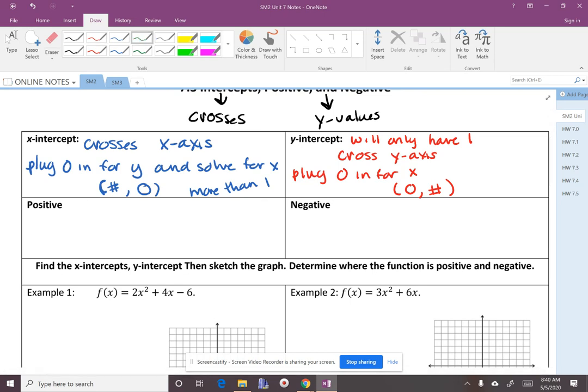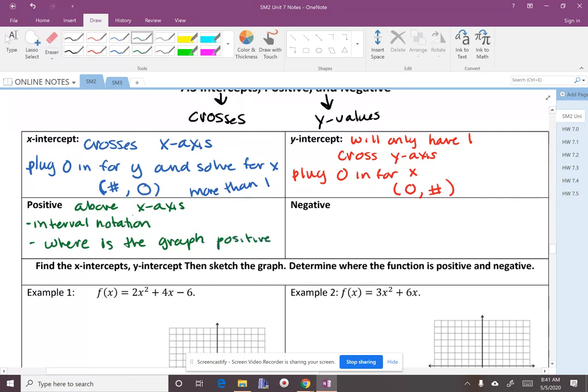Positive. When I ask you to look at the graph and tell me where it's positive, you're going to use interval notation, and that's what you used in 7.2 with the domain and range. That's our parentheses and brackets. But this is where it is above your x-axis. This means where is the graph positive?